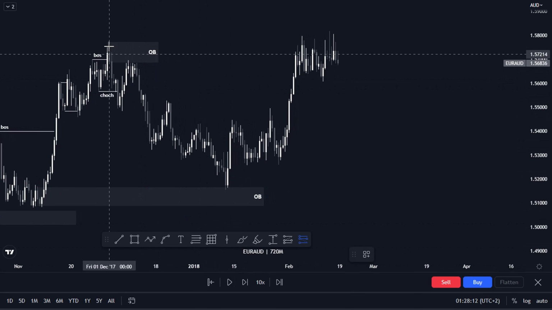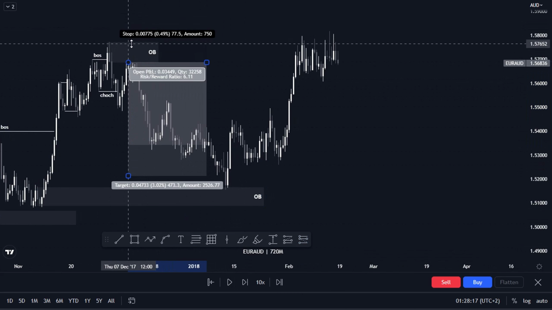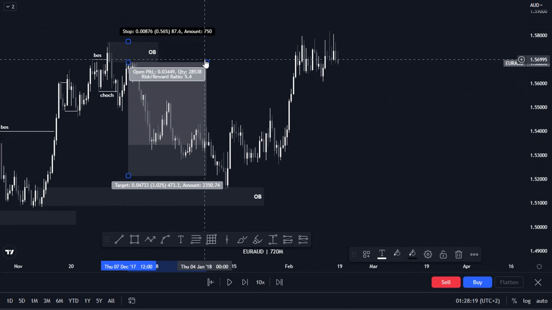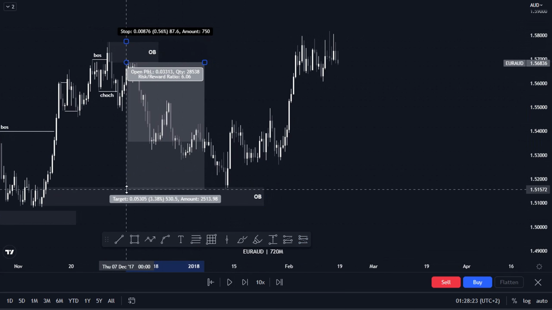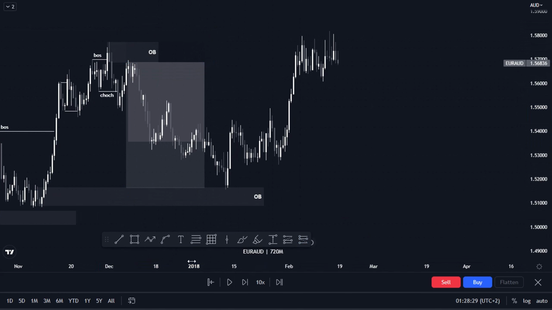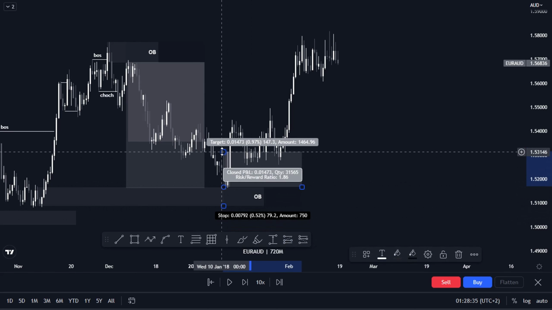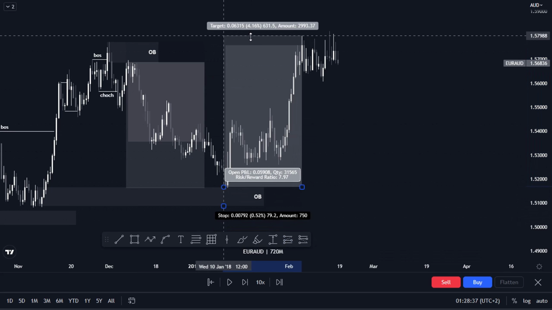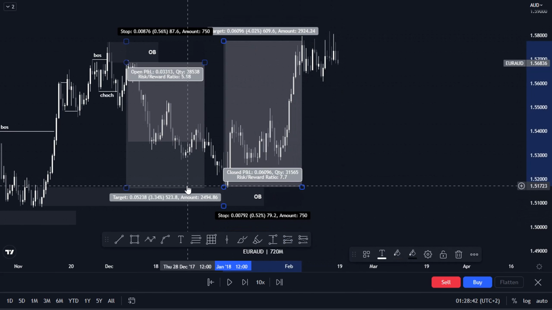Let me just calculate it for you. So as you can see, this is a 6R trade, and then here taking your trade off this order block, it's going to be a 7R trade.